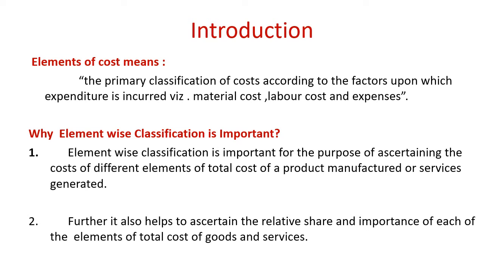Element-wise classification is important for the purpose of ascertaining the cost of different elements of the total cost of a product manufactured or services generated. Further, it also helps to ascertain the relative share and importance of each of the elements of total cost of goods or services. So, this is the meaning of elements of cost and its purpose for separation.